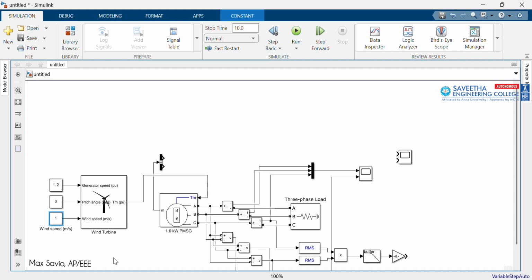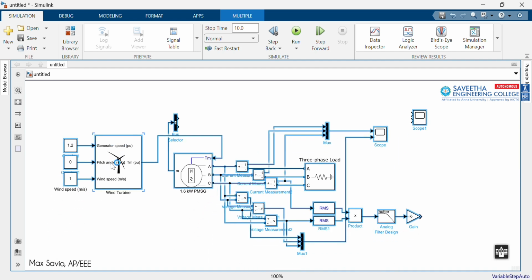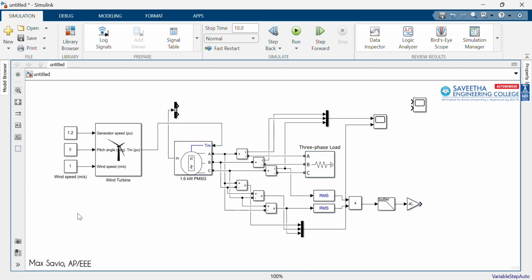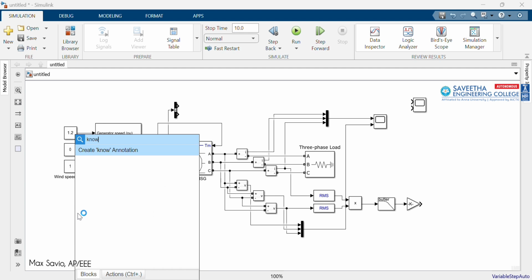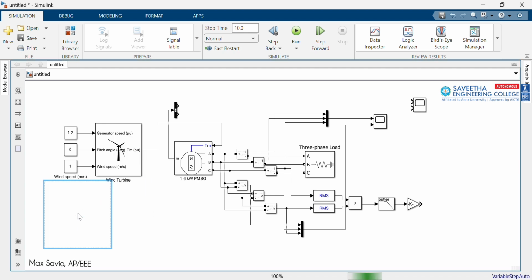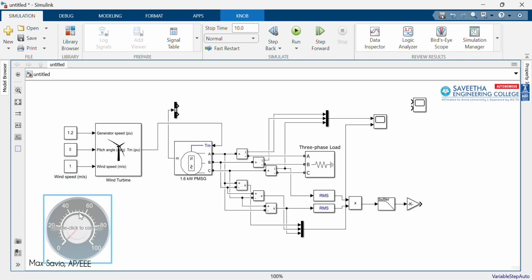Okay, I want the blocks to have a variable nature, so I'll put a knob. I take this one, quite easy to handle. I'll now link it, so I click the connection and select this one.